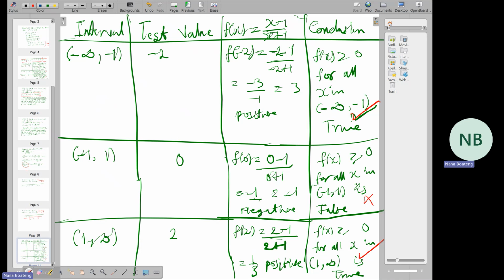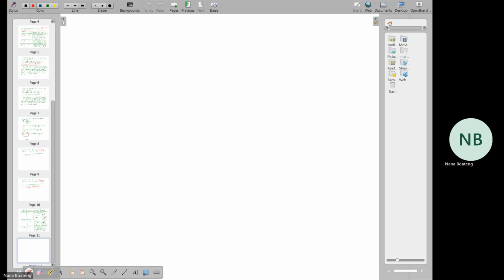So our solution set will be minus infinity to -1, union 1 to positive infinity.